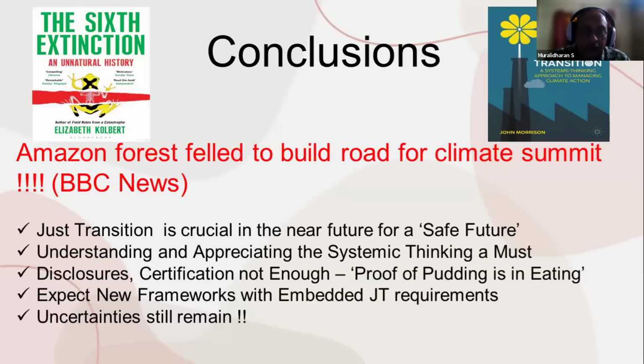And expect new frameworks with embedded JT requirements. Now the future standards, whether ISO or social accountability or environment, whatever standards there are, they must have these just transition requirements embedded in them, or at least give reference to those issues which the standard is trying to take care of.